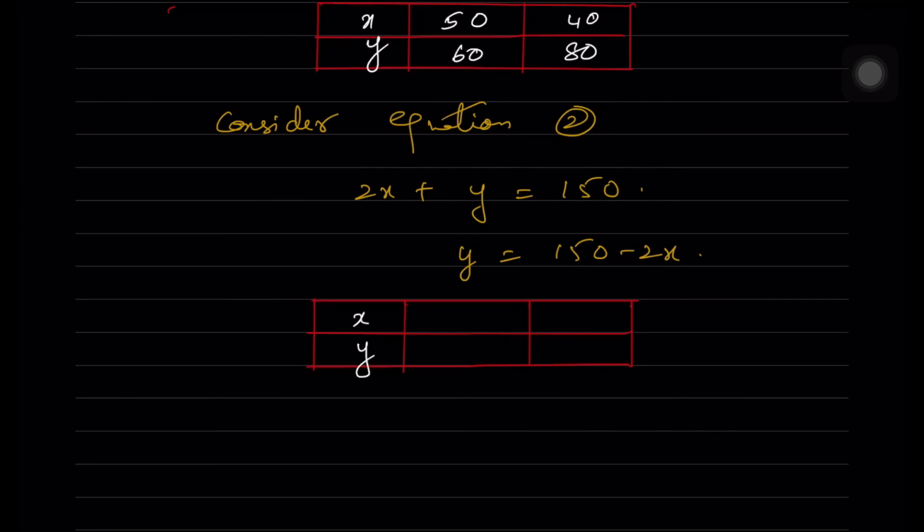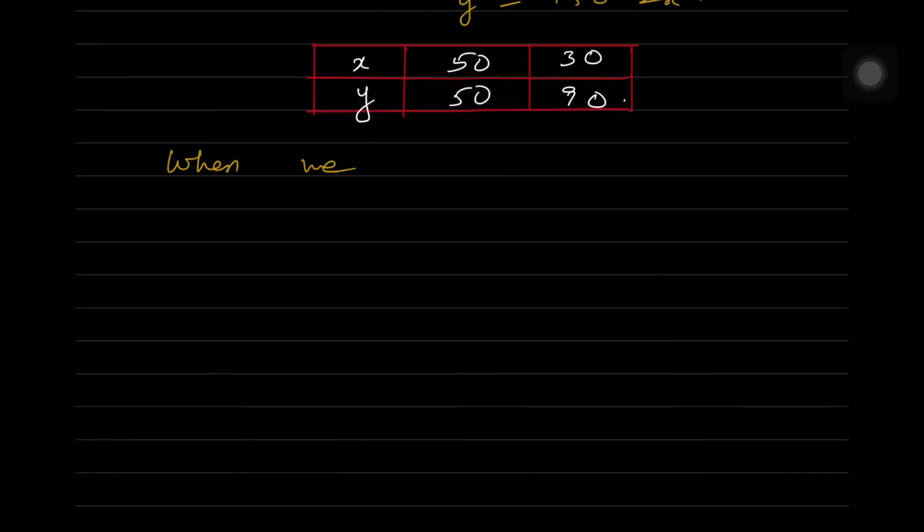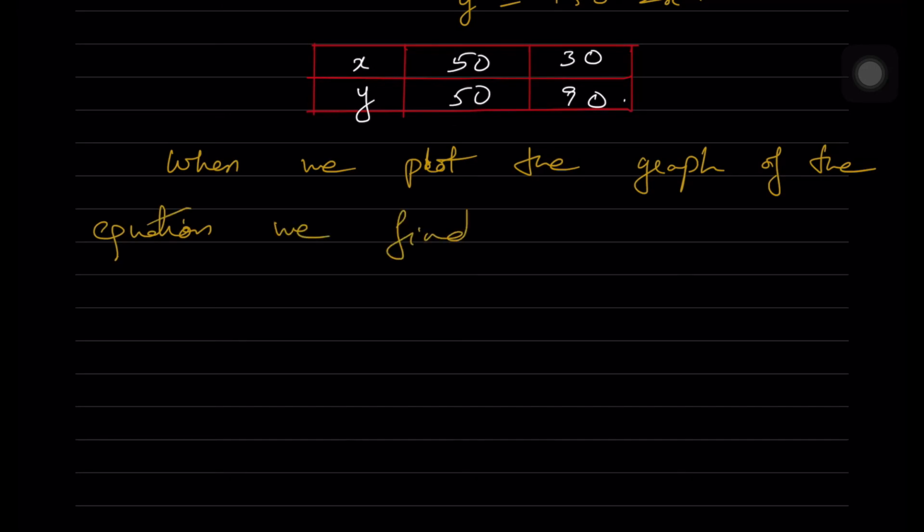So algebraically, how do we represent this? We have 2x plus y is equal to 160 and 4x plus 2y is equal to 300. If we simplify the second equation, we will get 2x plus y is equal to 150.